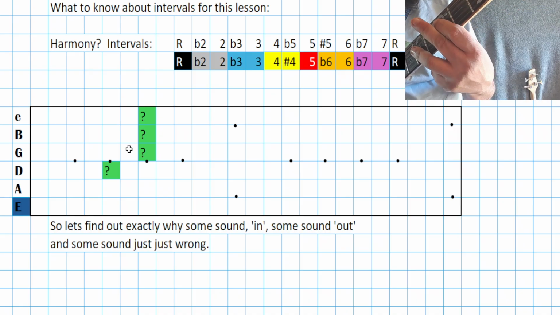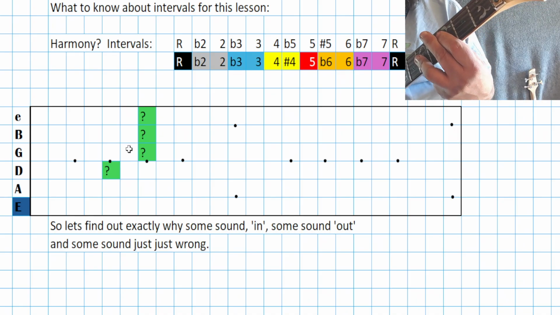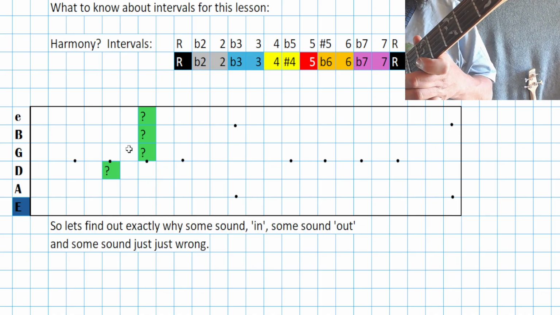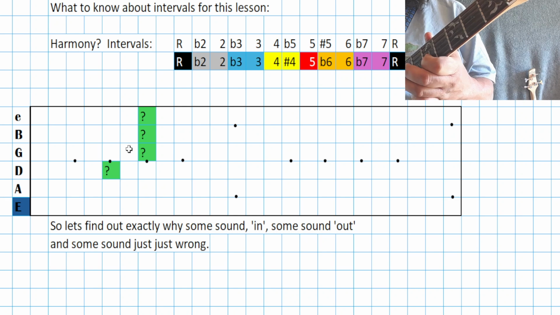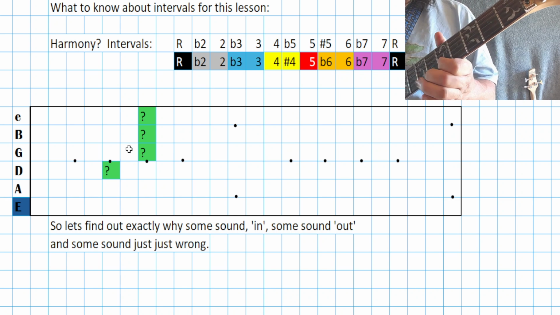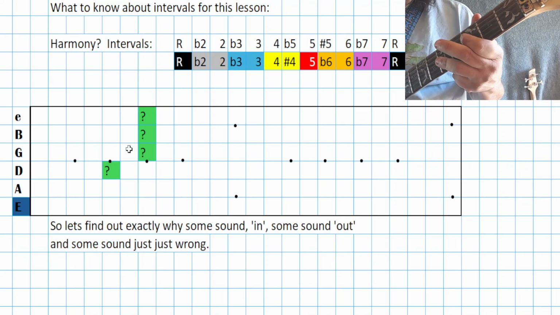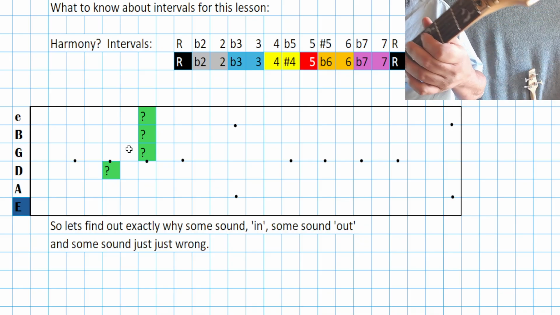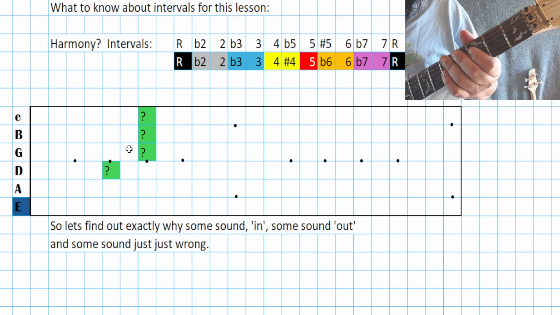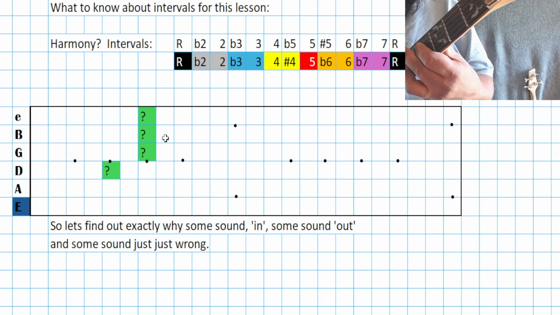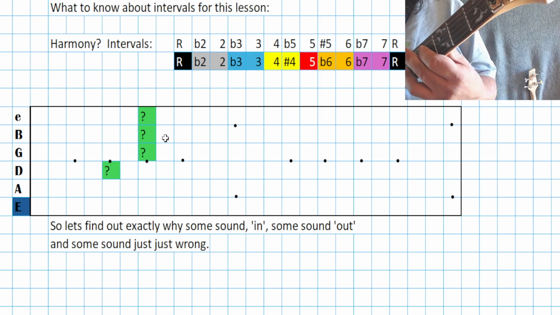A half step up, which should normally sound bad, sounds kind of off, but there is some music there. And we're going to find out about that one in a second. So there's the reason why that one would sound good. But this one does not necessarily sound that great, no matter what you do.